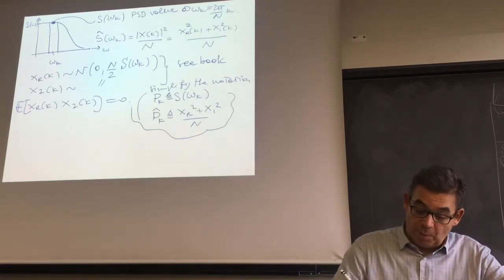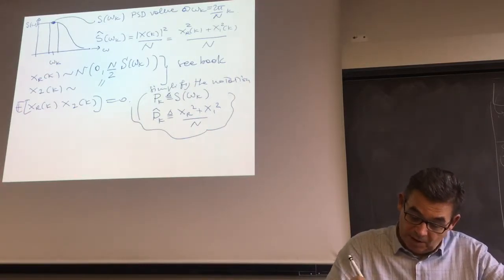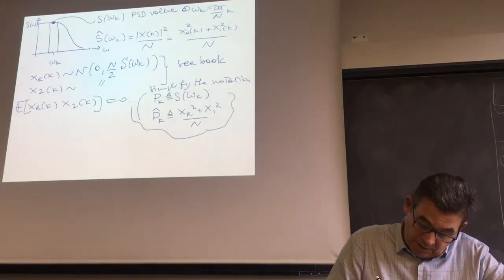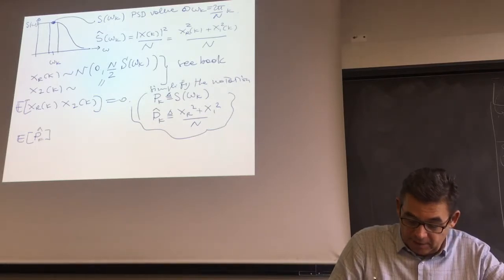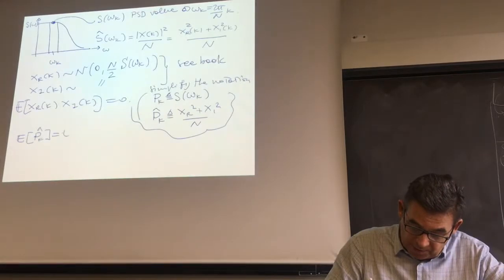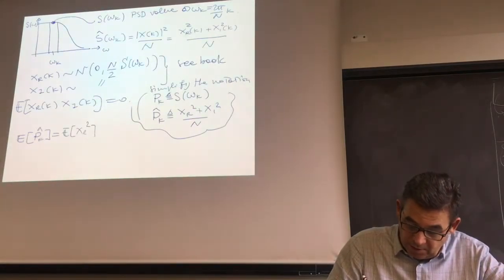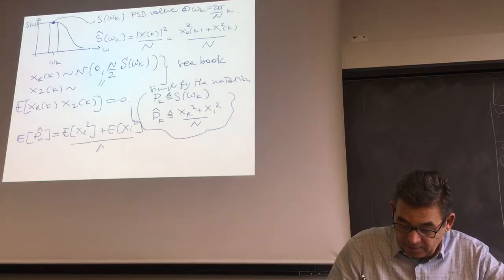Now, according to the properties above, we can calculate the expectation of p hat k. The expectation of p hat k is equal to the expectation of x real squared plus the expectation of x imaginary squared, divided by n.